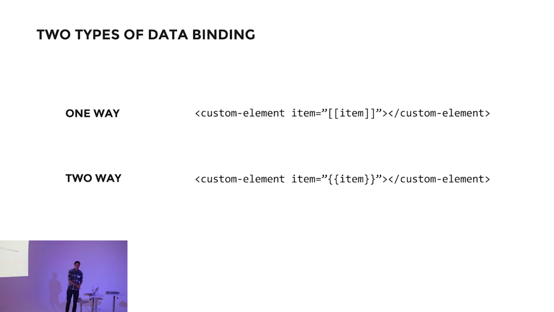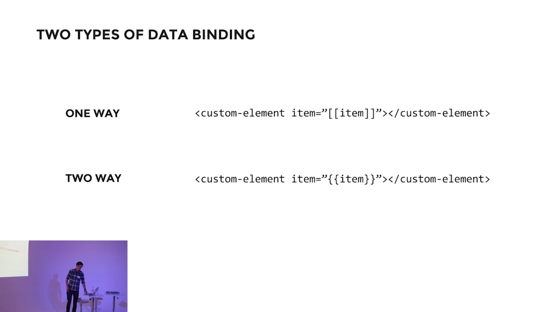One way means it goes in one direction, so all the child elements of your property can read it, but they can't write to it. Two way means that any element which has access to that property can write to it as well. When you edit one of the properties, it gets sent down the chain and so on.